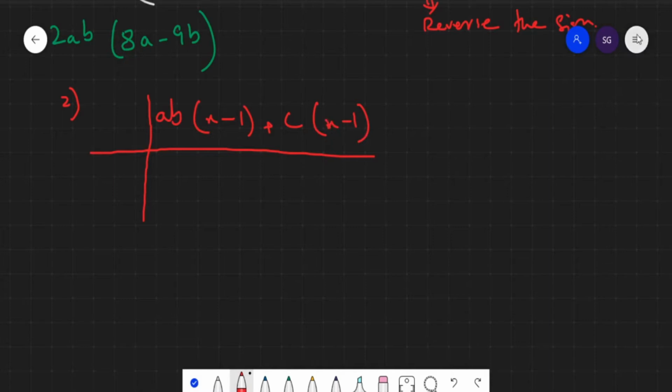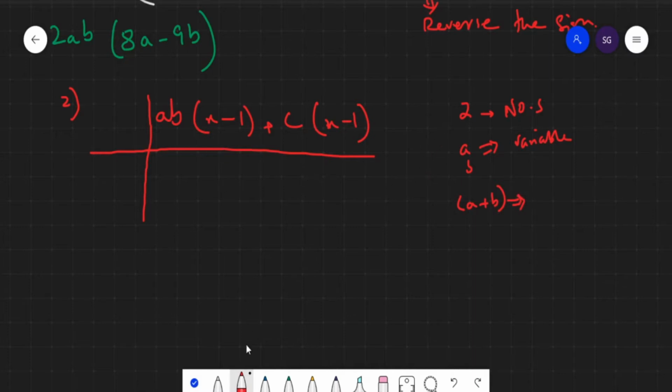Among the common factors, it can be numbers, like we used to take out common 2. Then we also took out common as a or b, so it could be variables. But it could be any expression as well. It could be a common expression as well when you're taking common out.